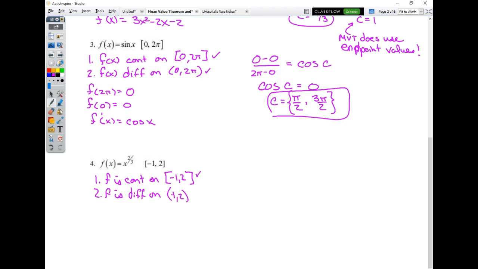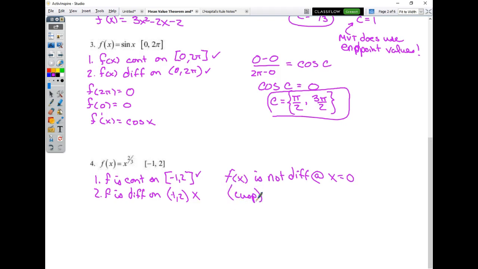If I go back to my function now, the interval includes 0, which means we have a point of non-differentiability. In fact, I would make my statement that f of x is not differentiable at x equals 0.